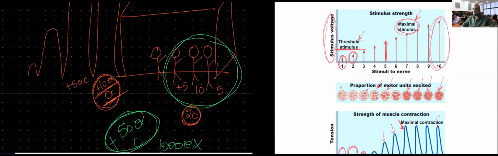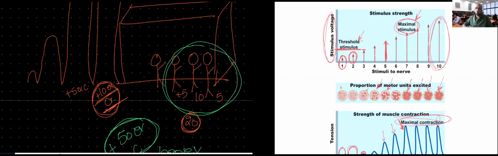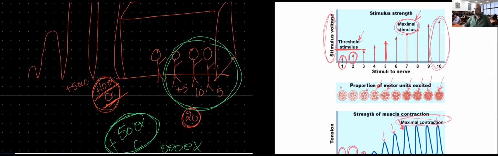And the tension that all 20 of you are applying on the wall is the maximal contraction. If I increase the stimulus, 50 extra credit points, 200 extra credit points, would there be any increase in the degree of tension that we can ever create on this wall? No. Why? Because simply all of us are already pushing the wall.